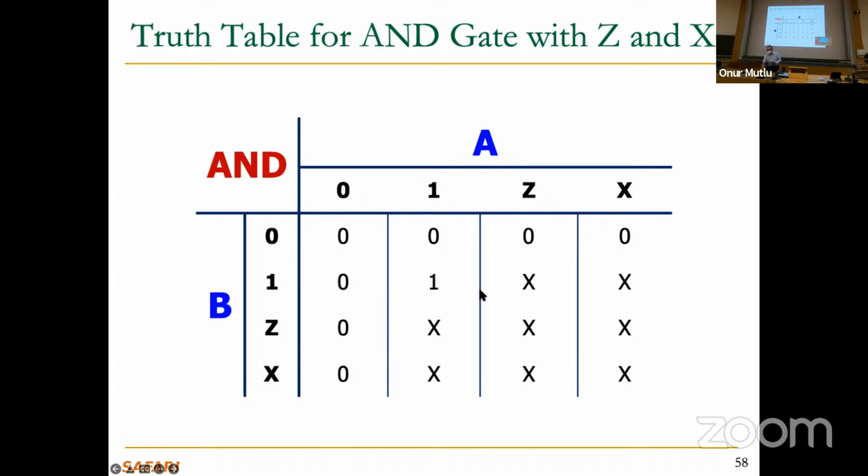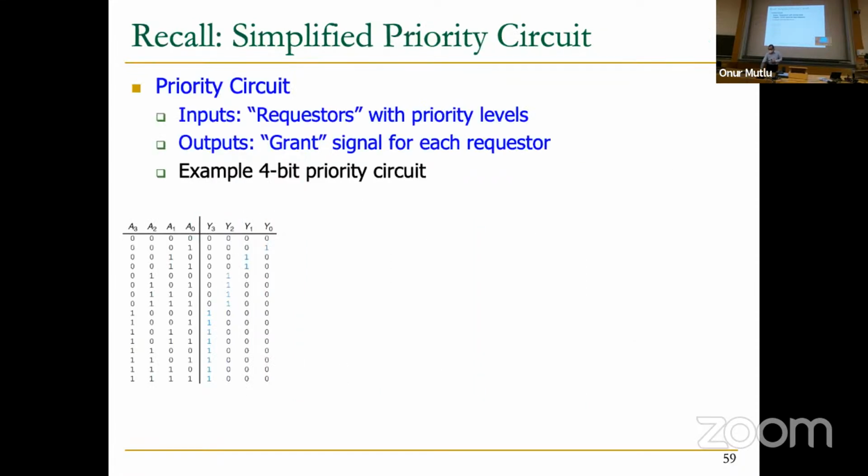So that's fine. In all other cases where one of the values is Z or X, the result is undefined, basically invalid, because it doesn't make sense to do an AND of a floating signal with another floating signal. The result is really undefined. You have no idea what the result would be. Invalid, basically.